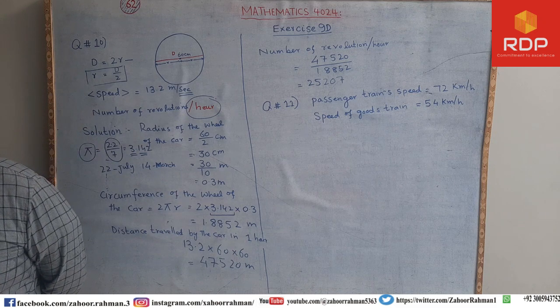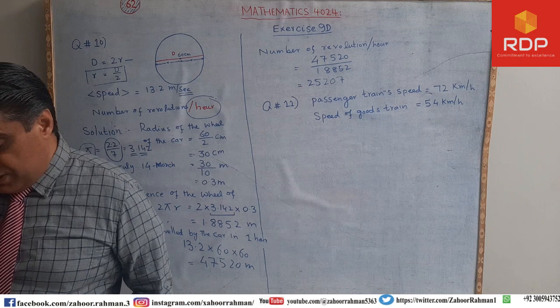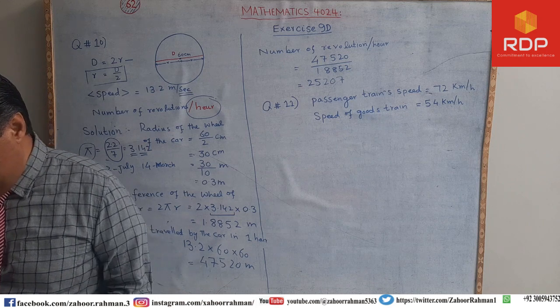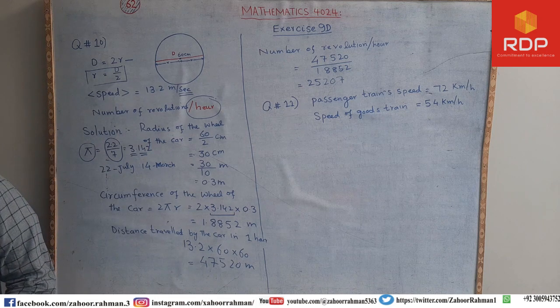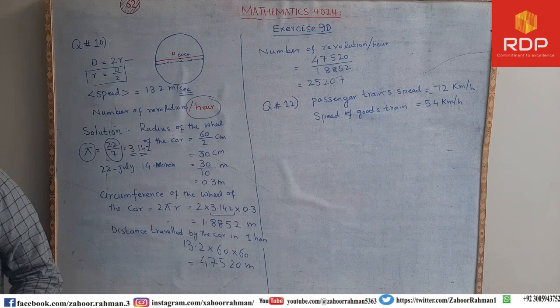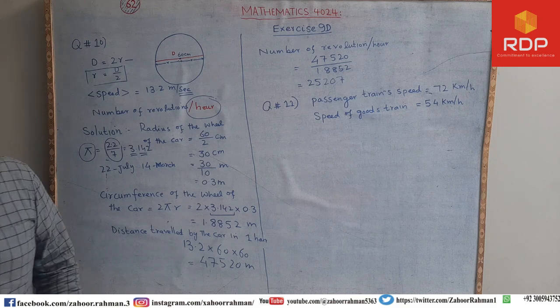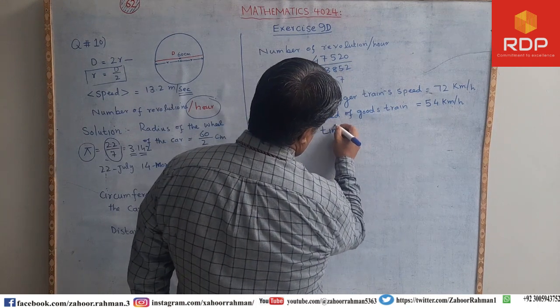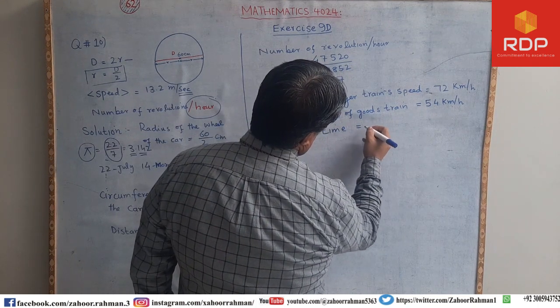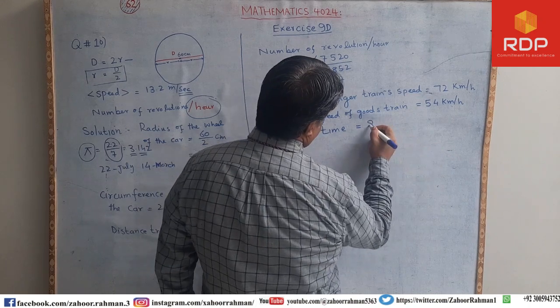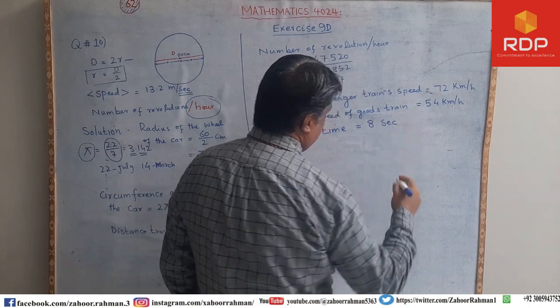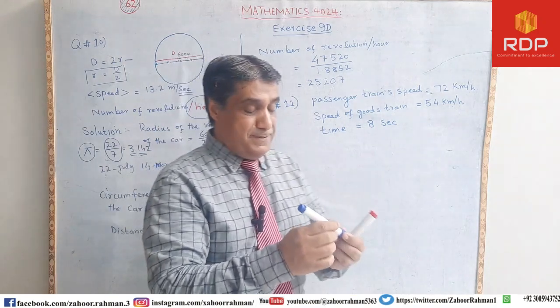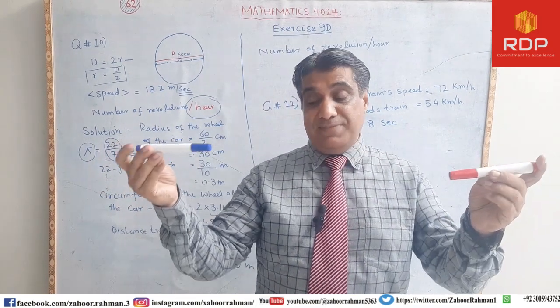In the opposite direction, if the goods train passes him, that passenger, in 8 seconds time to pass. He was observing the time when one passenger train was coming.